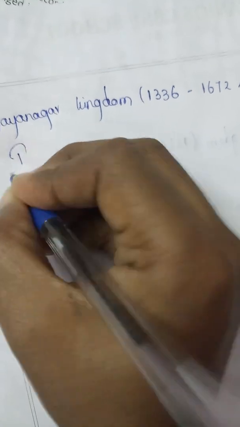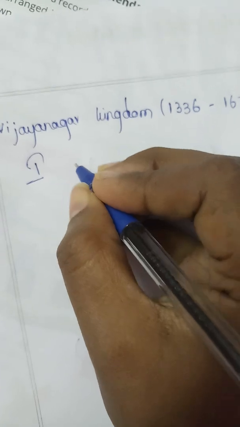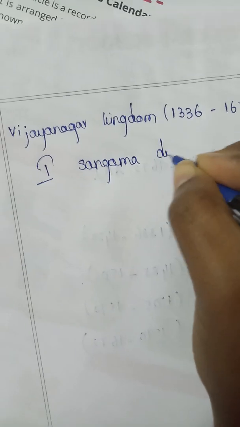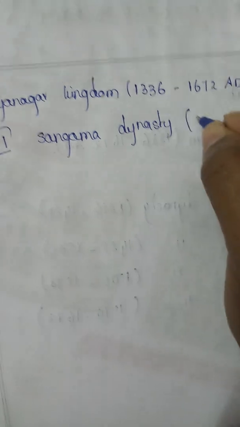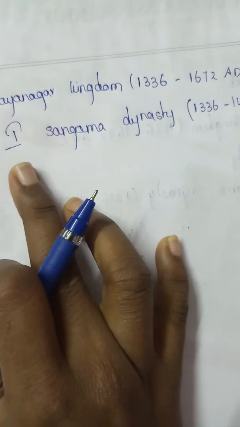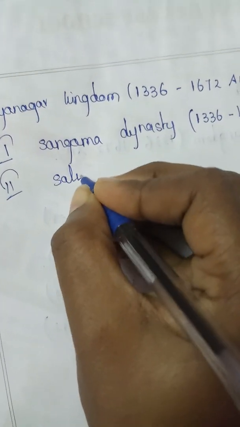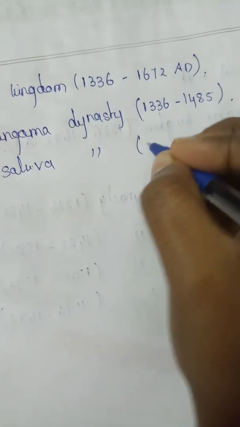Here there are four dynasties. The first was the Sangama dynasty, the first event in the Vijayanagar kingdom, from 1336 to 1485. The second event was the Saluva dynasty, from 1485 to 1505.